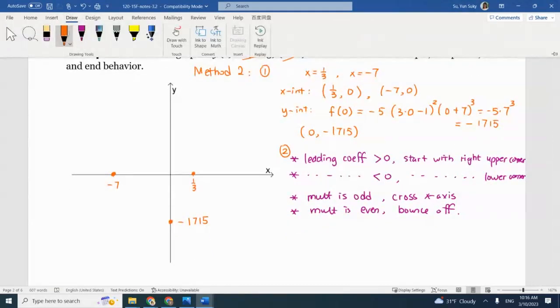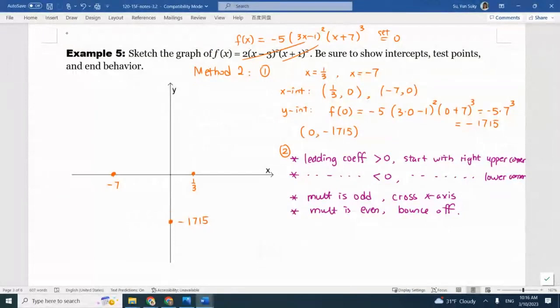Now, look at this problem. What is the leading coefficient? So you have this factor form, and the leading coefficient is the coefficient of each factor, okay? So you keep the -5, of course.